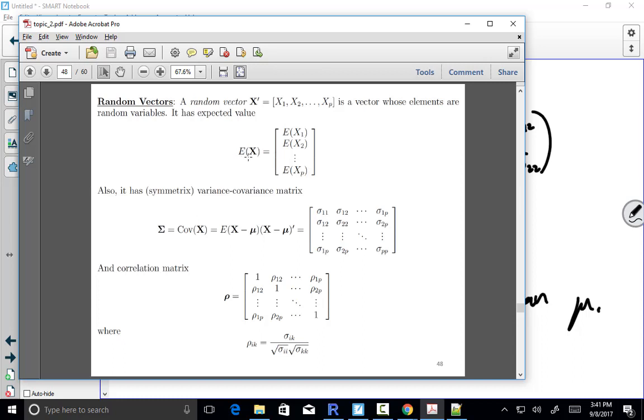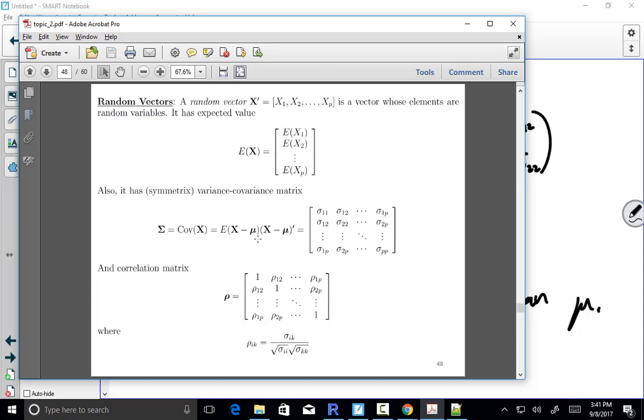So E of x is just the vector of component means. Its variance covariance matrix, this is the capital sigma that we've already seen. We can also write that as covariance of x. And in terms of expected value, it's defined as the expected value of a product.